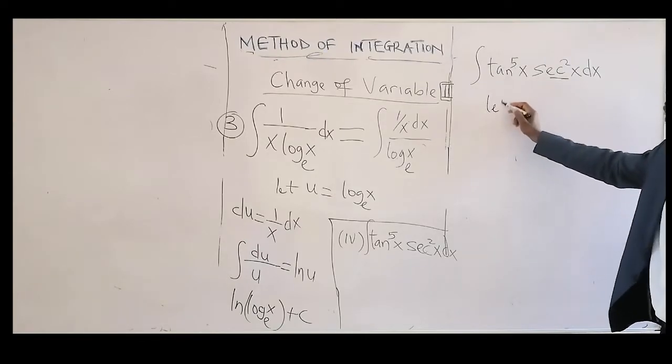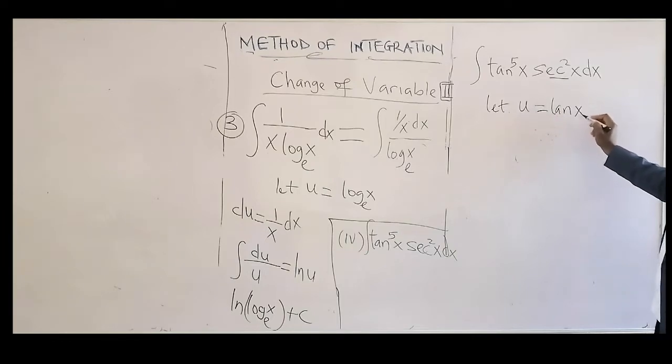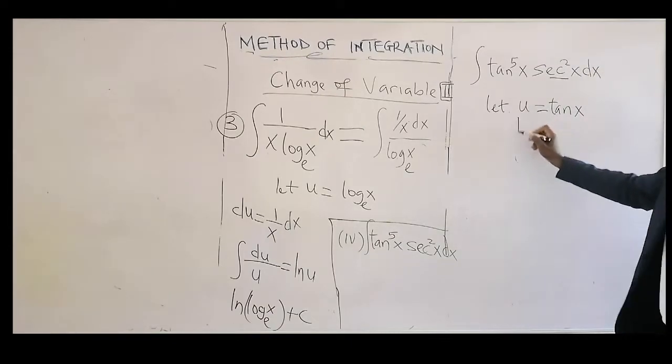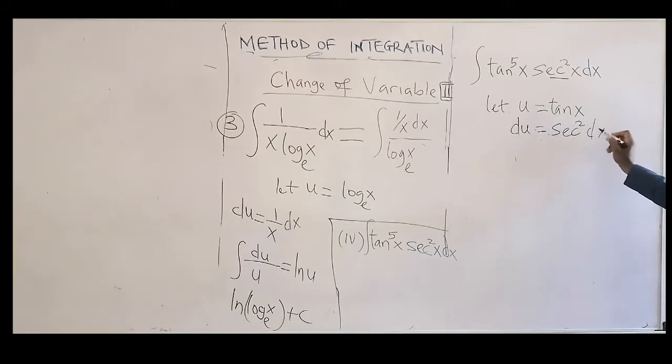So let u be equal to tan x. Then you see everything now changes to one single variable. So du is equal to sec square x dx. The derivative of tangent is sec square x.